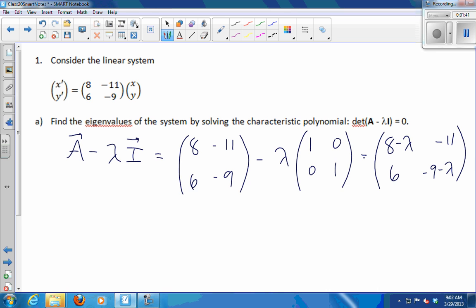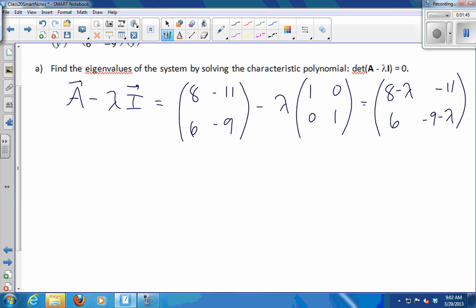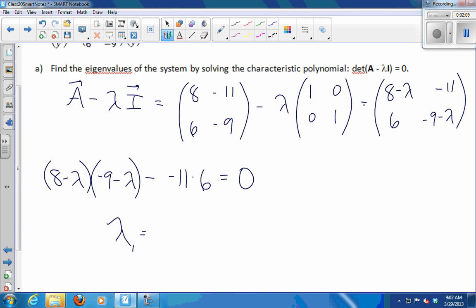Now I want to find the determinant of that matrix and set it equal to 0. The determinant is AD minus BC, so 8 minus lambda times negative 9 minus lambda, minus negative 11 times 6. Set that to 0. This turns into an easily factorable quadratic, and we get lambda 1 equals negative 3, and lambda 2 equals 2.